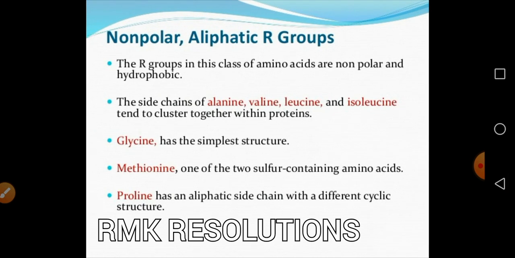The first one is the non-polar aliphatic R groups, or we can say non-polar aliphatic amino acids. In this class, the R group is non-polar and hydrophobic in nature. It is also important to know what is meant by polarity. What is a polar molecule?